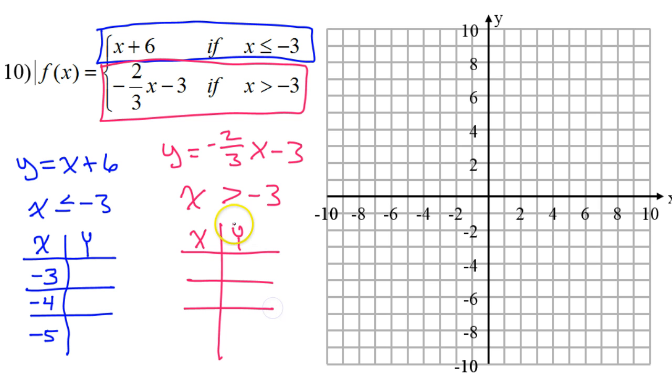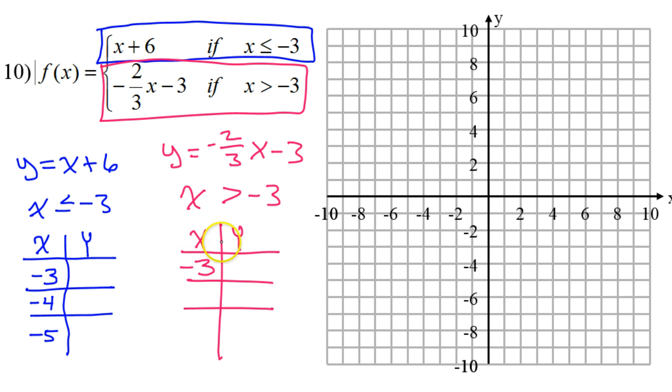Now watch this very carefully. I know that if I want x values that are greater than -3, that would not include -3. But guess what? I'm going to put -3 on the chart anyway, because I need a starting point. When I draw the graph, it's going to go right up to this point.